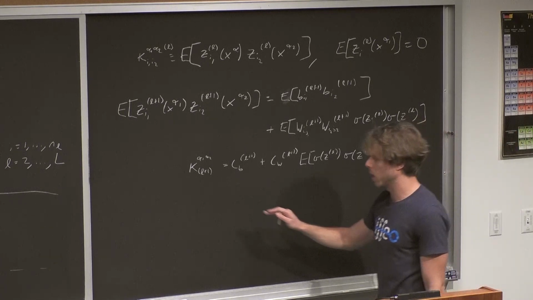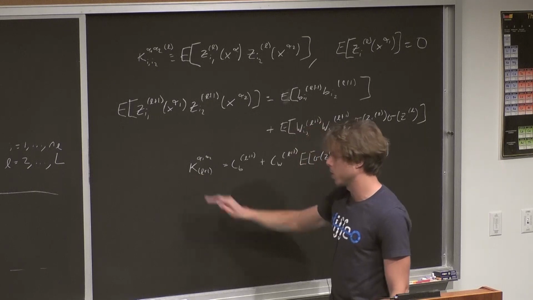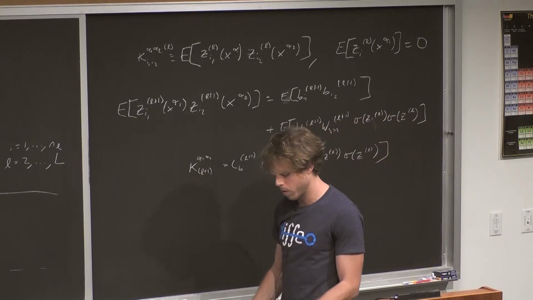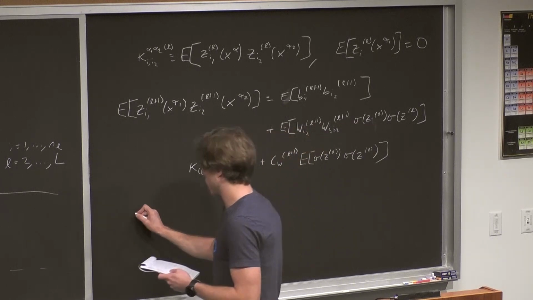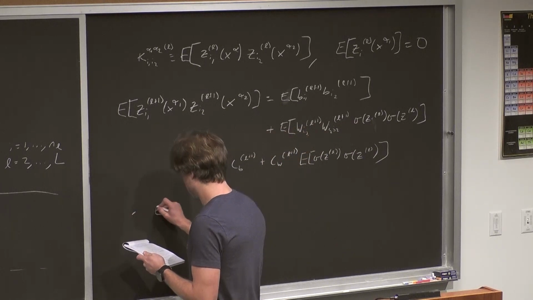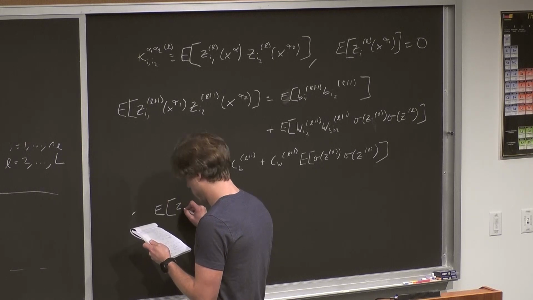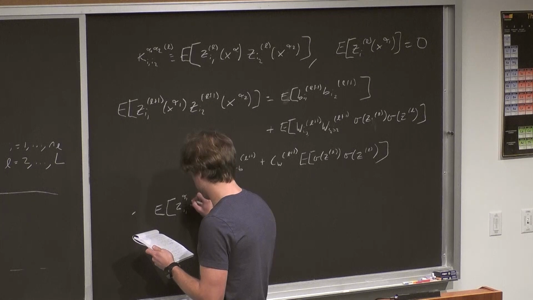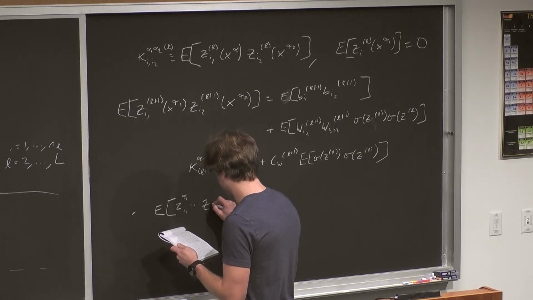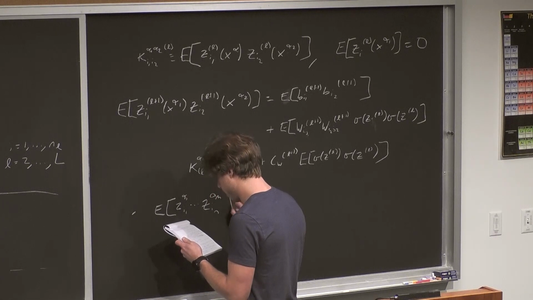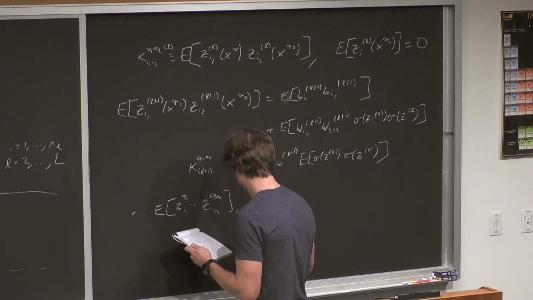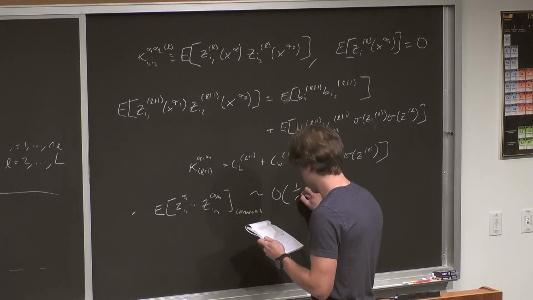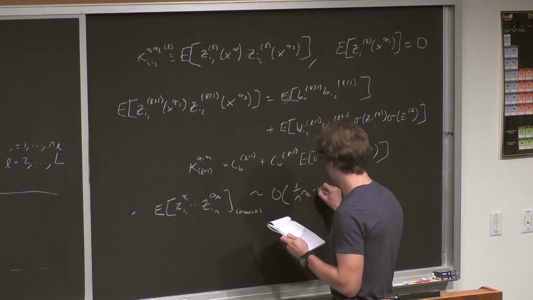And similarly, all the higher point correlation functions are just determined in terms of this object, plus things that vanish in powers of 1 over n. In fact, I can just write it. One can show that the connected part of the expectation of z at input alpha 1 through z at input alpha m is going to go like order 1 over n to the m over 2 minus 1.